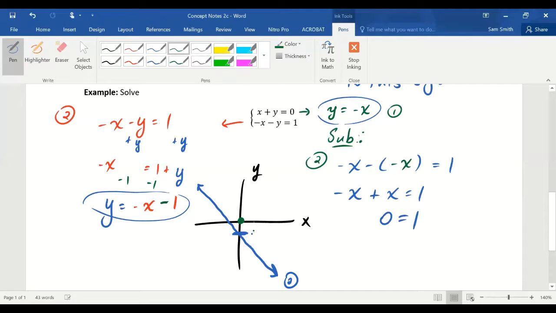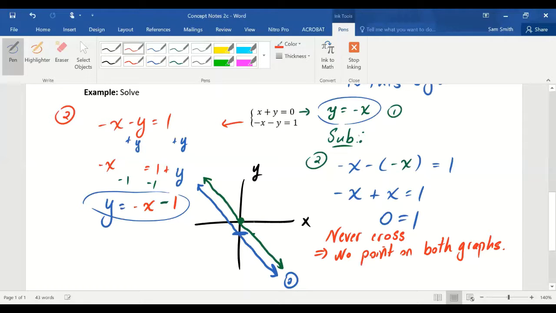So every time I go over 1, the graph must go down 1 unit, slope of negative 1. So these two lines in our system are parallel. These two lines are parallel, and they will never ever cross each other, which means that there is no point on both graphs.